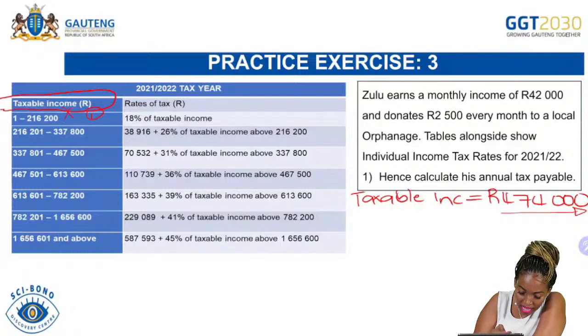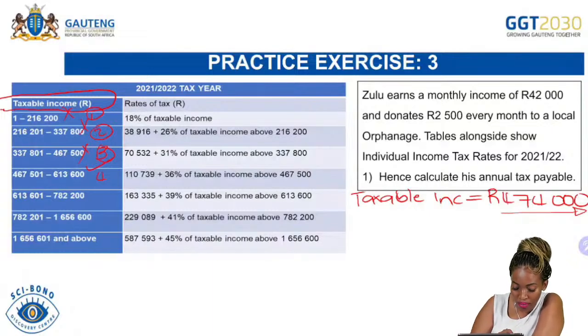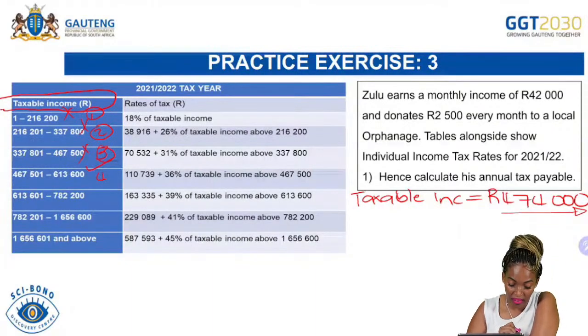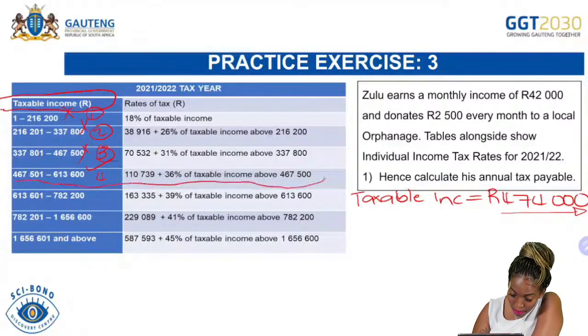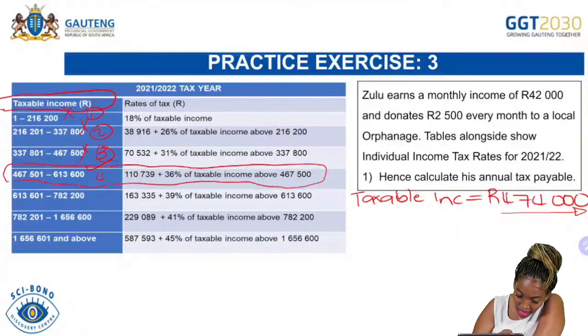No. Bracket number 2? No. Bracket number 3? No. Bracket number 4? Absolutely. It is between 337 and 467. So we must work with bracket number 4.